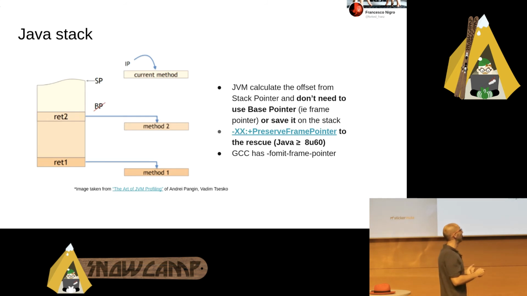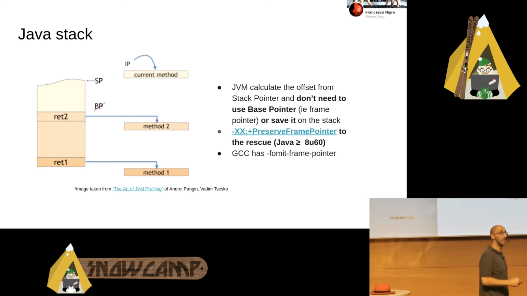But now, in Java, and not only in Java, the base pointer is not used anymore. And given that it is not used anymore, this linked list is not even created. So how can perf show you the nice Java call stack? It can't. That's a problem, effectively.